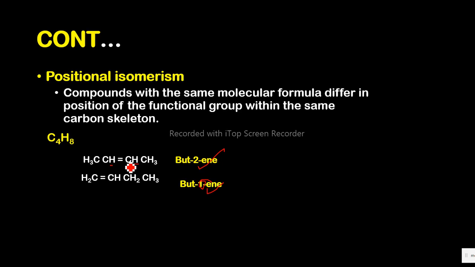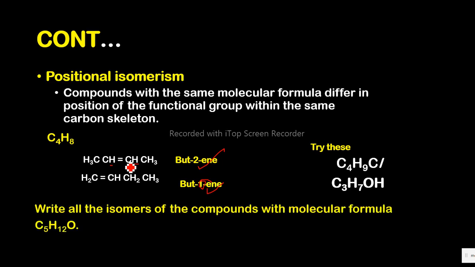Yes. You can try these ones. Now this is going to be homework. Okay? Here you're supposed to get 8 isomers. Of 8, I think 3 are structure, 3 are position, and either 3 or 4, or 2 are function.